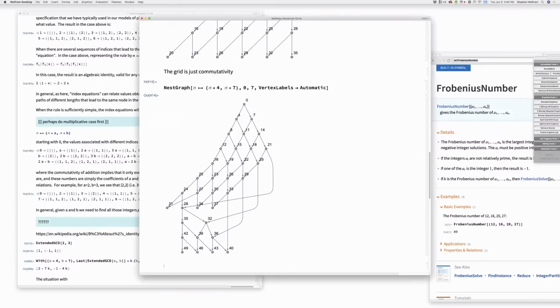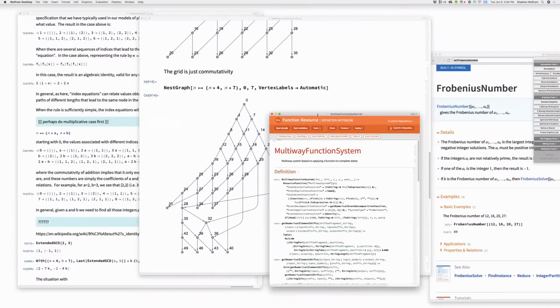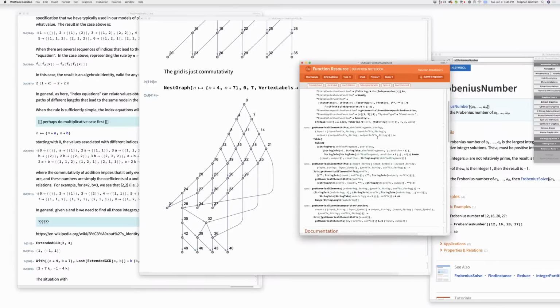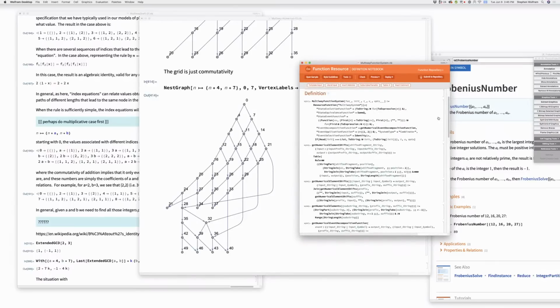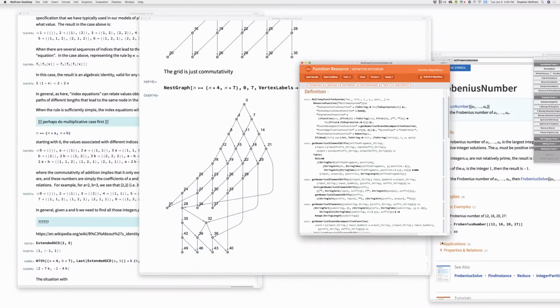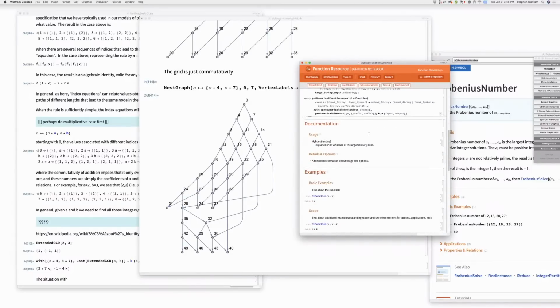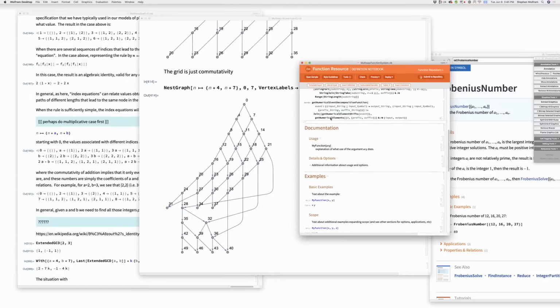Multi-way function system. Okay, so this code is utterly grotesque. And if you can figure out how to improve this, you can pick this up. This is using that ridiculous combinator hack, which I just cleaned up to the point where it would work, but that's about it, okay?